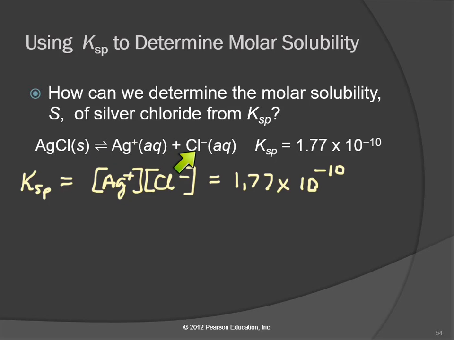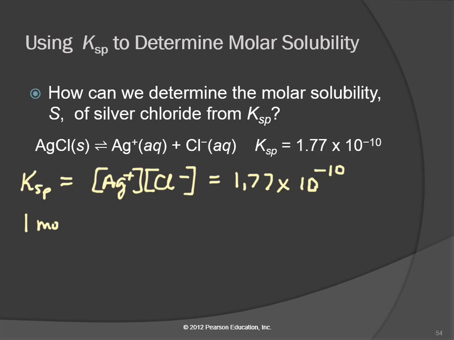And the chloride also came from here. So what do we know about the relationship between silver ion and chloride ion concentration? They're the same, right? Because for every 1 mole of silver ion, we get 1 mole of chloride ion. So that's kind of a stoichiometry idea.